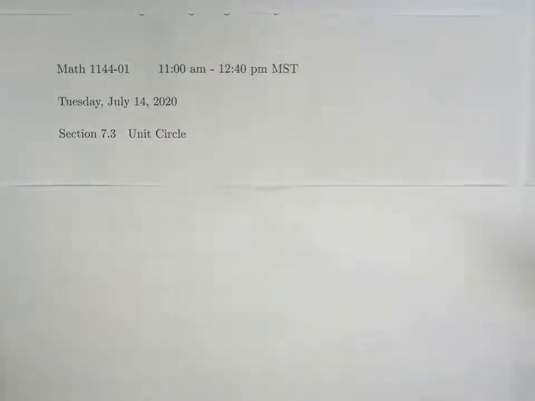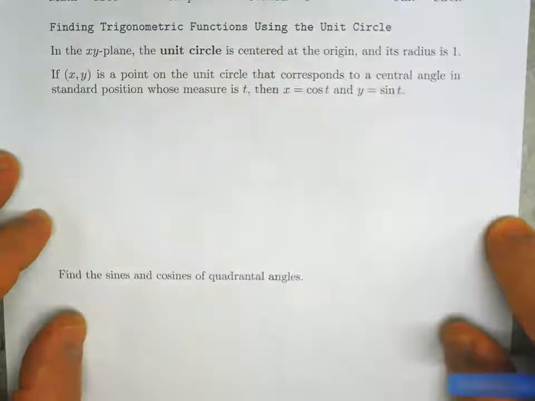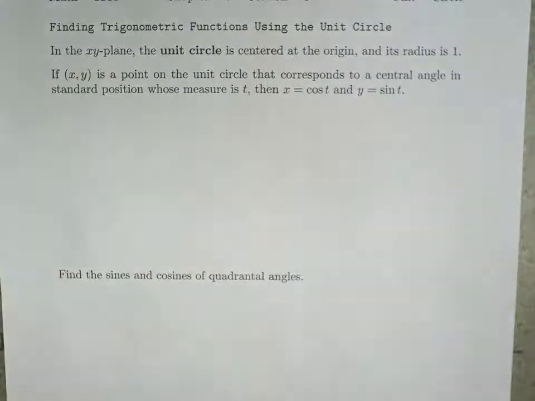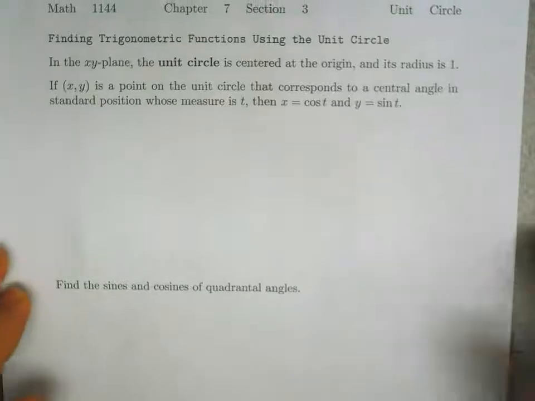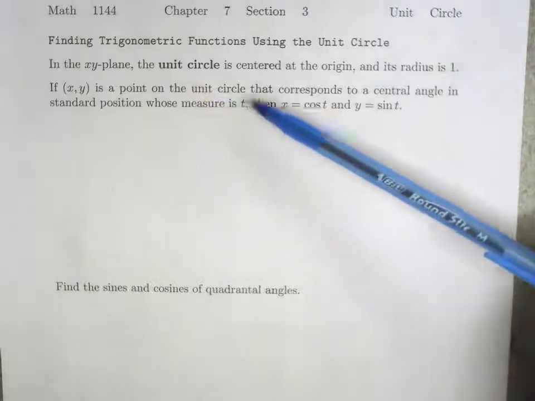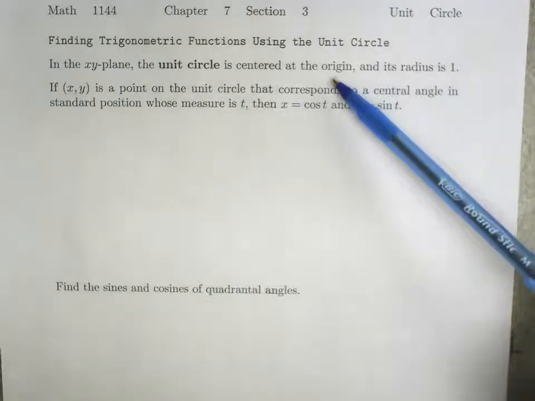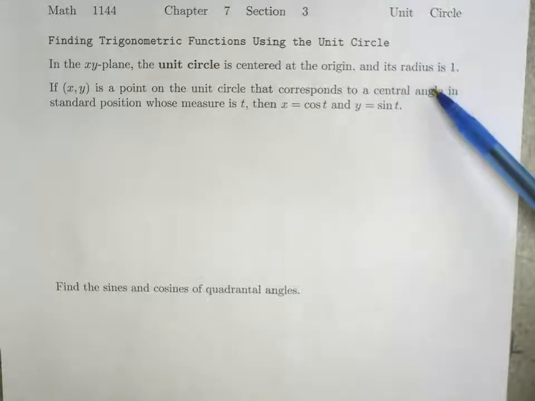Today we'll cover section 7.3 on the unit circle. So in the xy plane, the unit circle is centered at the origin, that is the ordered pair (0, 0), and its radius is 1.